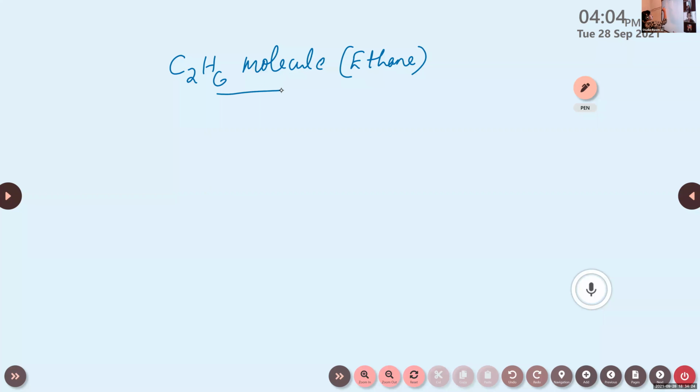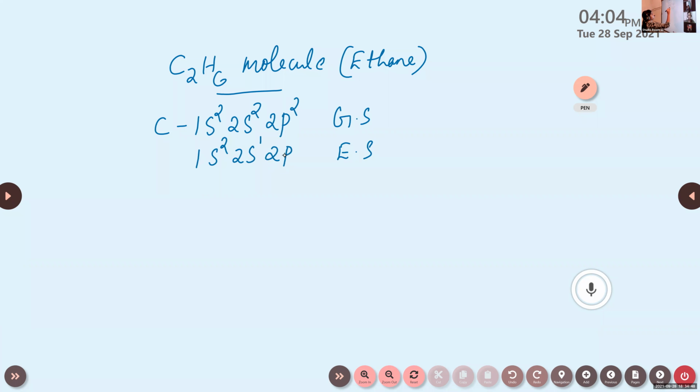First we can write the configuration of carbon: 1s2, 2s2, 2p2. This is the ground state electronic configuration. Here we will go for the excited state configuration, which becomes 1s2, 2s1, 2p3.